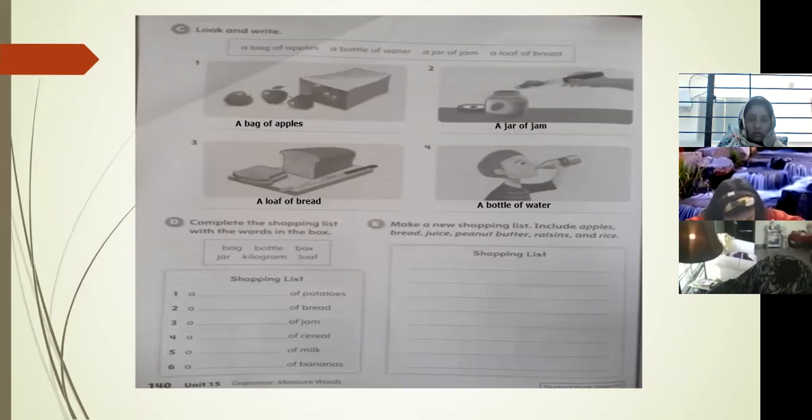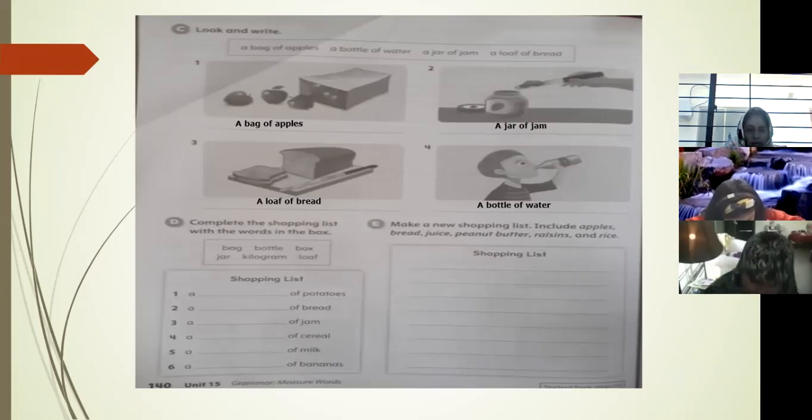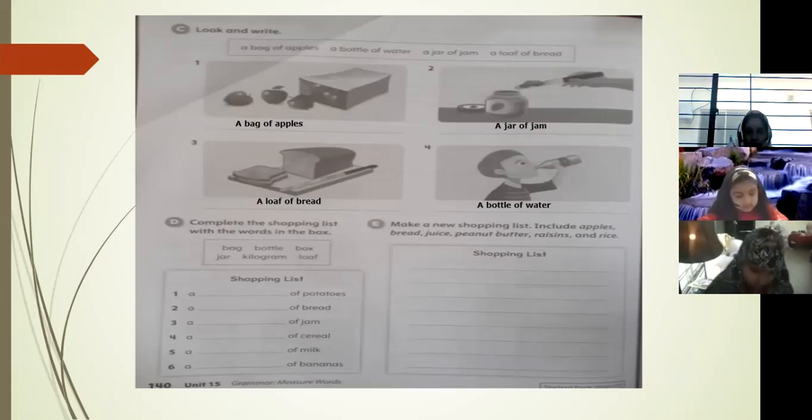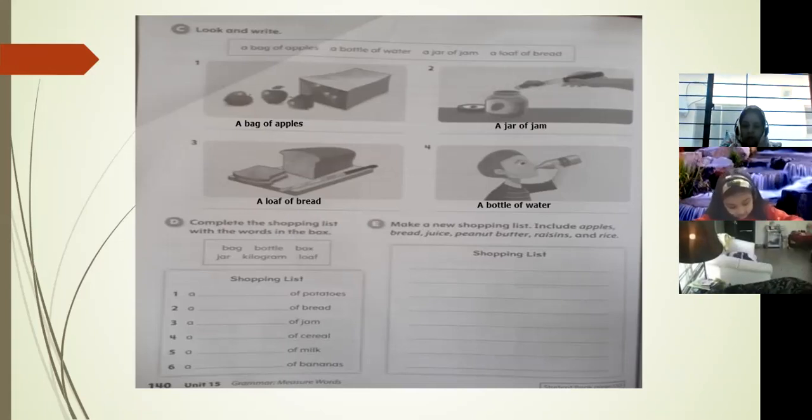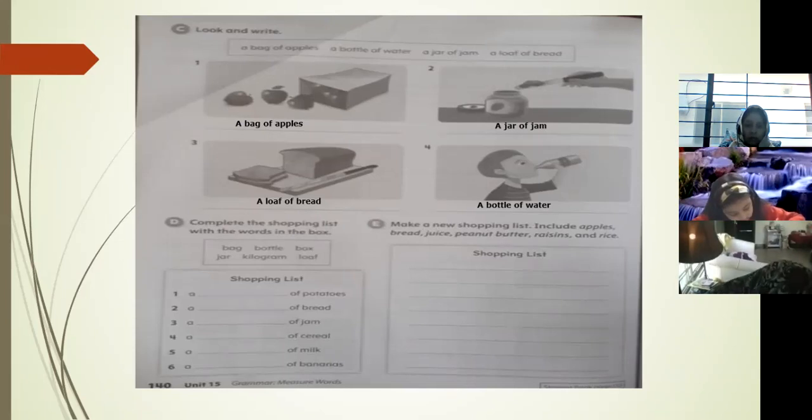Okay. So D part is you have to complete the shopping list with the words in the box. So you have been given some shopping items, and you have to use the correct measure words for these items. Okay. So number one is a dash of potatoes.